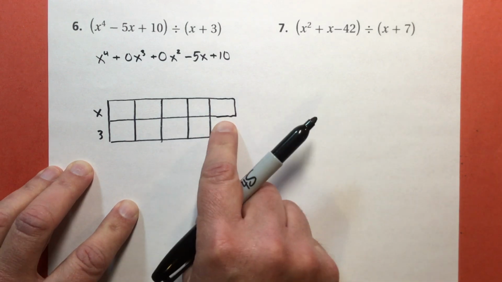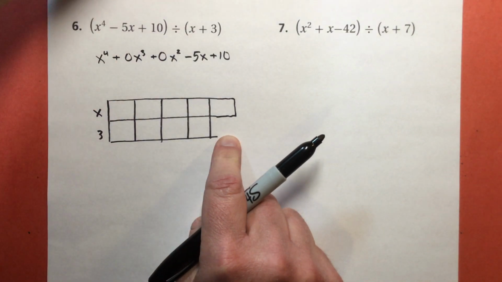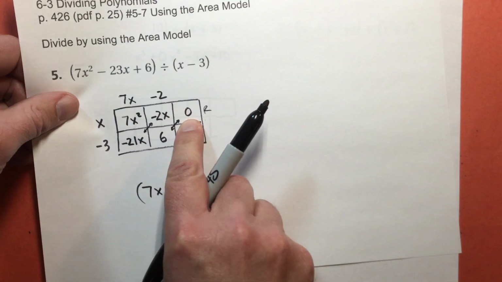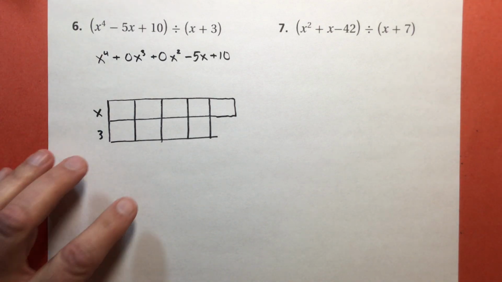And actually, I could probably just put it like that. I don't even know if I need that box. And last time, if you remember, I didn't need that box, and my remainder was 0. So I might end up with a remainder of 0. I already did this problem in the previous video, so I know I'm not going to. But if I pretend that I don't know what it is, that's fine.